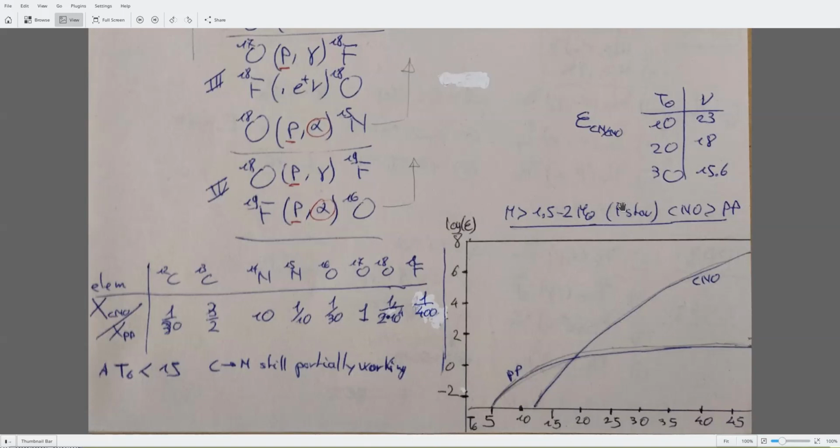They are not really important as energy, because they do not produce so much energy. It's similar, you're using a catalyst, but the most important part is this one. Like for CNO, you have this change in abundance.